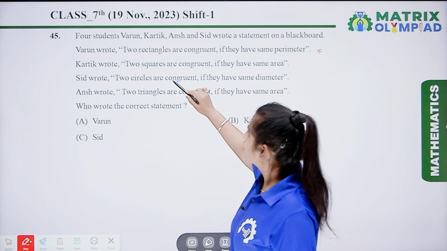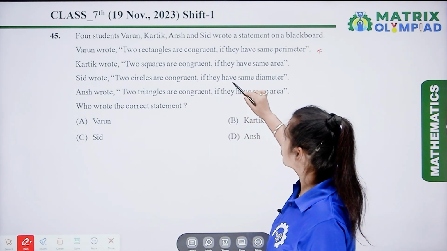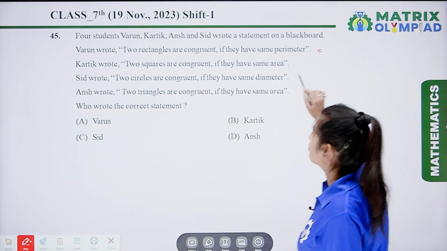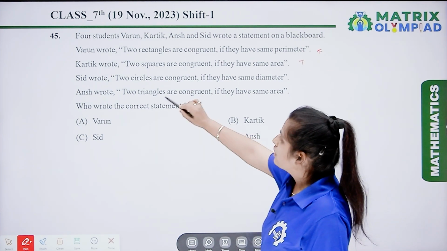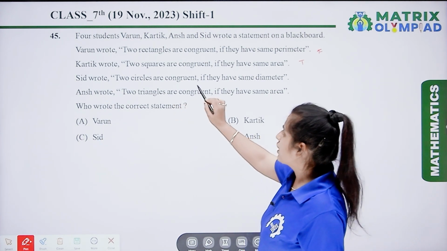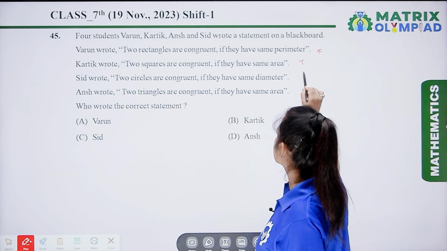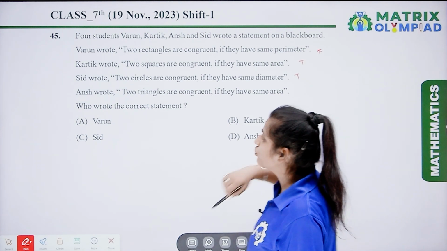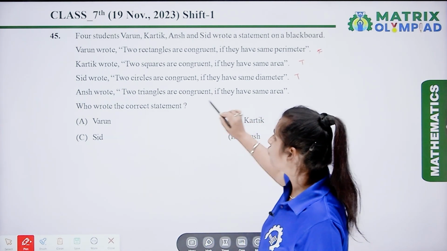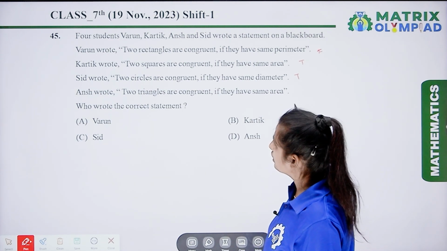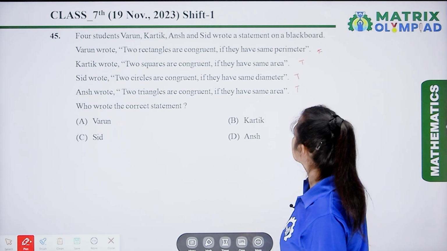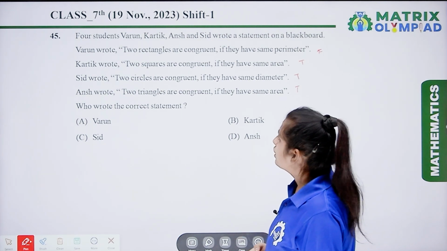Karthik wrote, 2 squares are congruent if they have the same area. This is true. Sid wrote, 2 circles are congruent if they have the same diameter. This is also true. Ansh wrote, 2 triangles are congruent if they have the same area. This statement is also true.